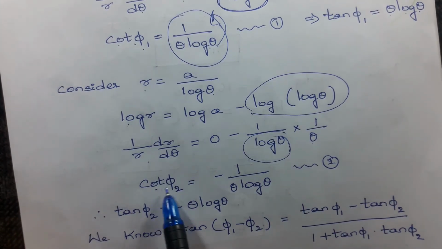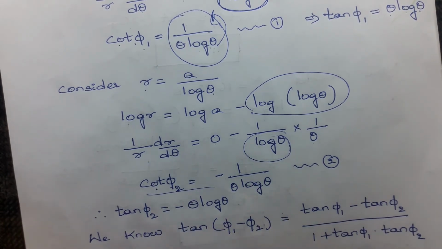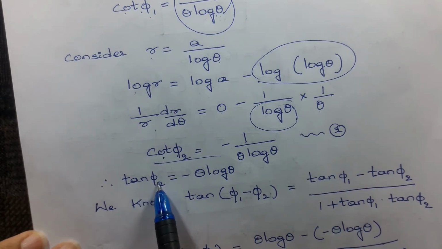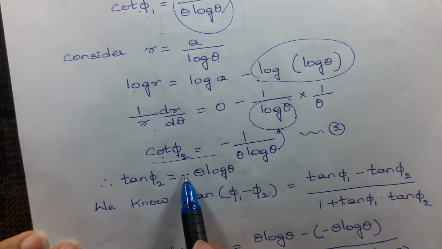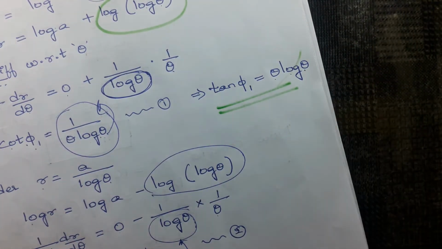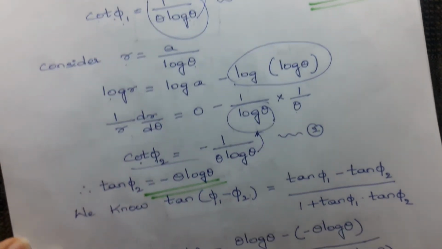So it gives cot phi 2 equal to minus theta log theta. Again, it is not possible to extract phi 2 from this, so I will find out tan of phi 2, the reciprocal of this again: minus theta log theta. So I have tan phi 1 as theta log theta, tan phi 2 as minus theta log theta.